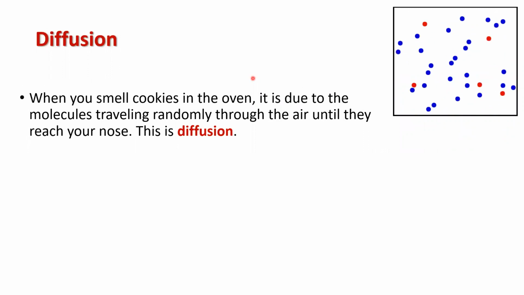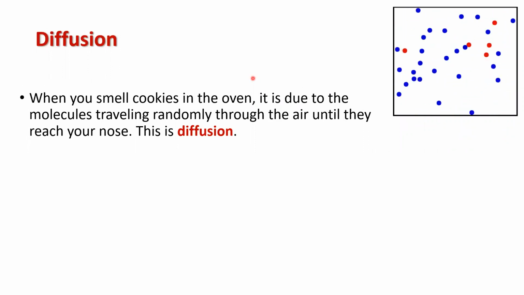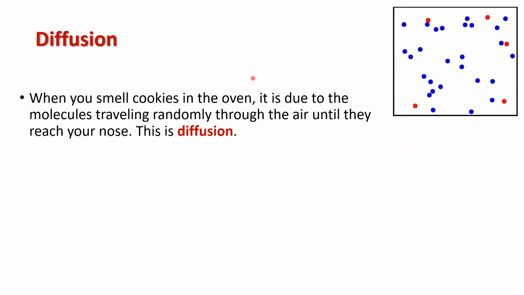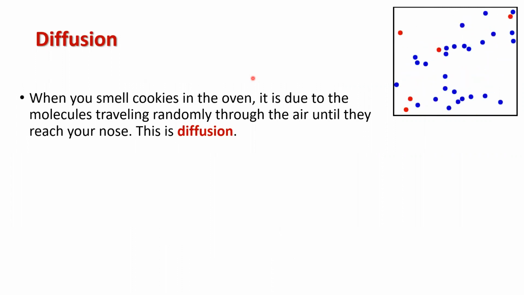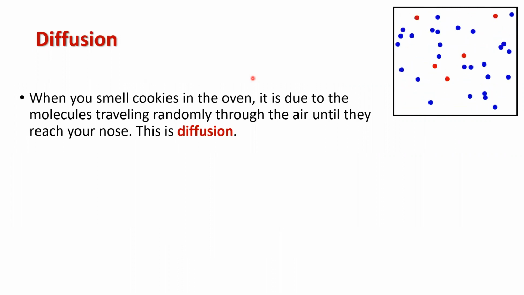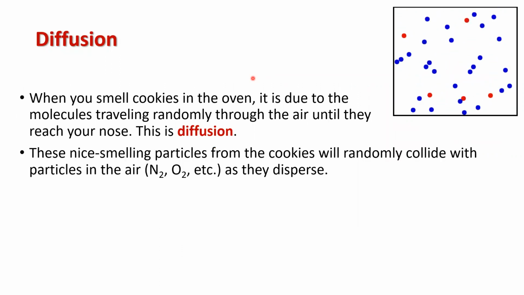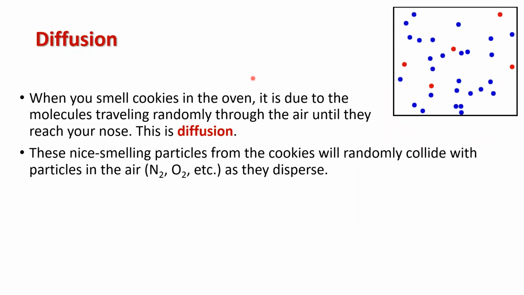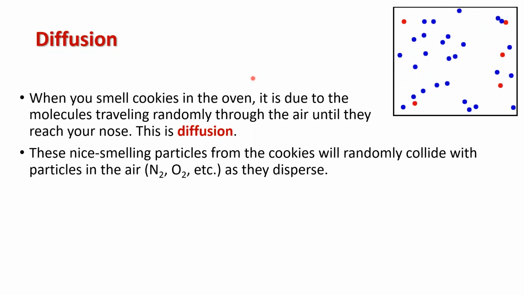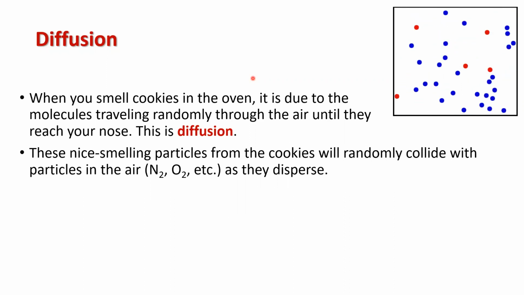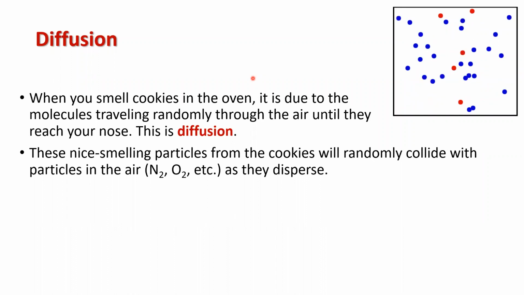Okay, so there's lots of different examples of diffusion, but if you were to bake some cookies in your oven, and that smell of baking cookies spreads throughout your kitchen and throughout your house, that's what we're talking about when we use the term diffusion. The reason for that is those nice smelling cookie particles are randomly colliding with each other and with the air, and they're dispersing into the room.